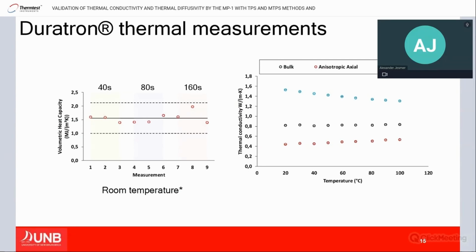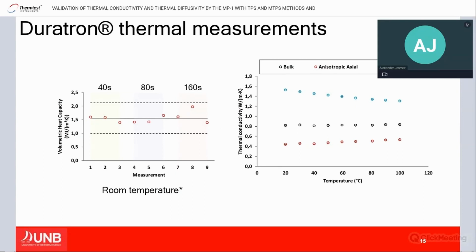The bulk value is the open circles in the middle, around 0.8 watts per meter Kelvin. And then we see in the through axis a significantly lower value of around 0.4, increasing to around 0.5 with temperature. And in the radial direction, we see a conductivity of 1.6-ish, decreasing to around 1.4 with temperature as well.